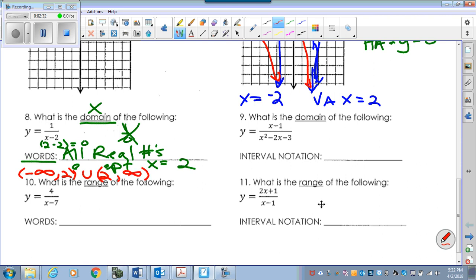But since I have the parentheses here, the 2 is not included. So that would be all real numbers except 2. And this is in words, and this right here is interval notation, where you use your parentheses. And if you didn't put the U's, that's fine. If you just put the intervals, that would be good.